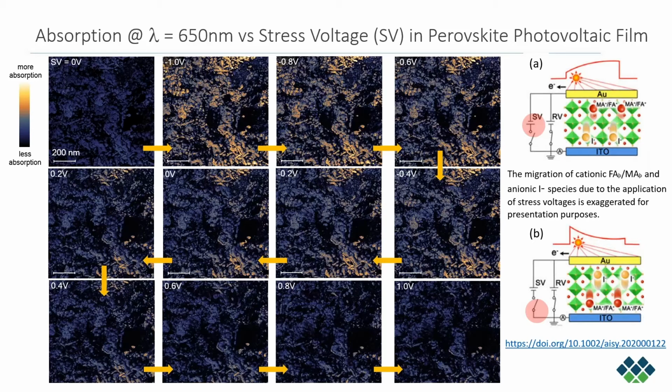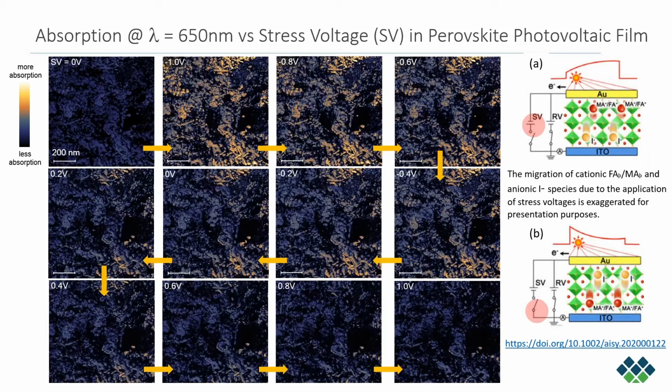So here, going from 0 volt to -1 volt, when you apply that voltage shown in the cartoon A, you actually pull the cations toward the top. When the cations move toward the top, the absorption at 650 nanometers increases quite a bit. So you can see much more widespread absorption compared to 0 voltage.